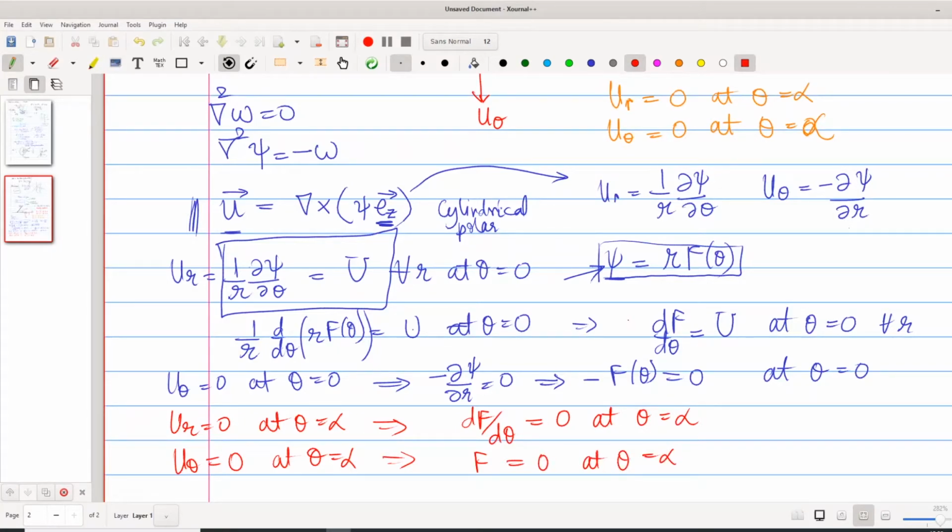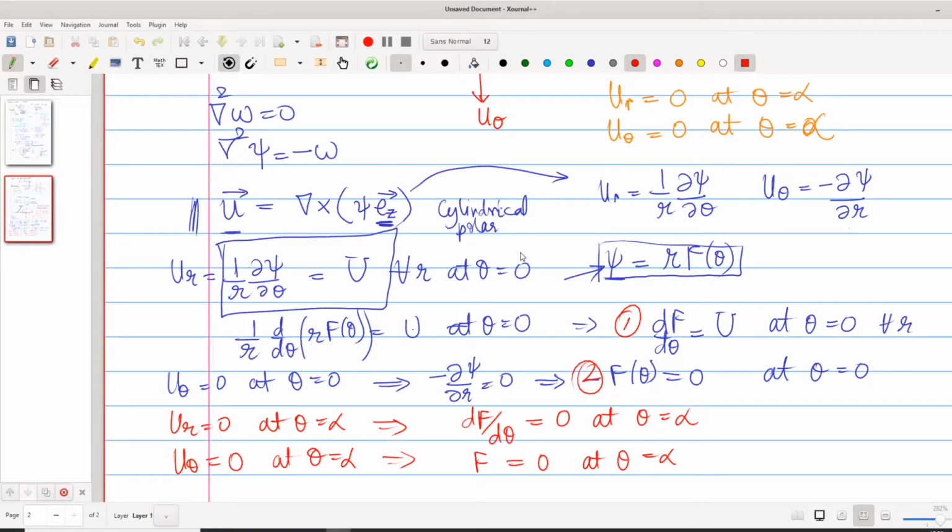So the four boundary conditions are df/dtheta equal to u at theta equal to 0, f equal to 0 at theta equals 0, df/dtheta equal to 0 at theta equal to alpha, and f equals 0 at theta equals alpha. So these are the four boundary conditions.